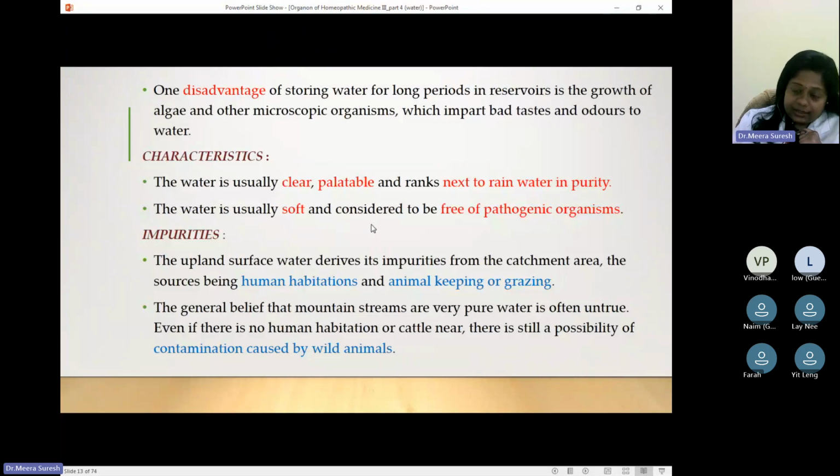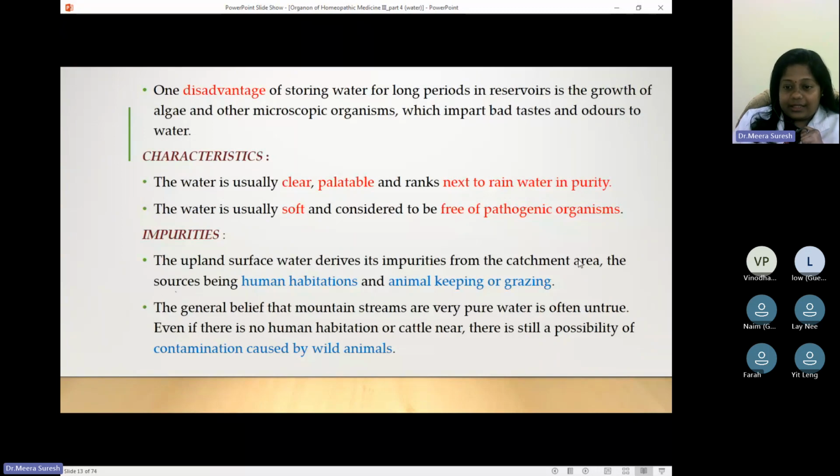However, we can't say that it is very safe either, because it depends on what is in the upland area or the catchment area from where the water is coming. The upland surface water derives its impurities from the catchment area. If in the catchment area from which water drains to the dams, it is not hygienic, or there is a human dwelling over there, then this water is not safe.